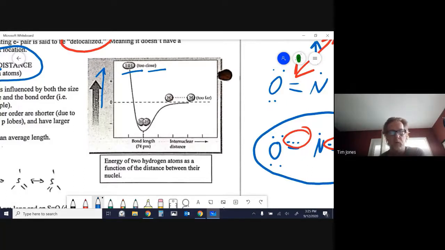Likewise, if you get them too far apart, you don't have repulsion. The nuclei are not going to repel, and the electrons in their orbitals aren't going to repel, but you can't share electrons now. This space is too big for these two atoms to share electrons in a covalent bond.